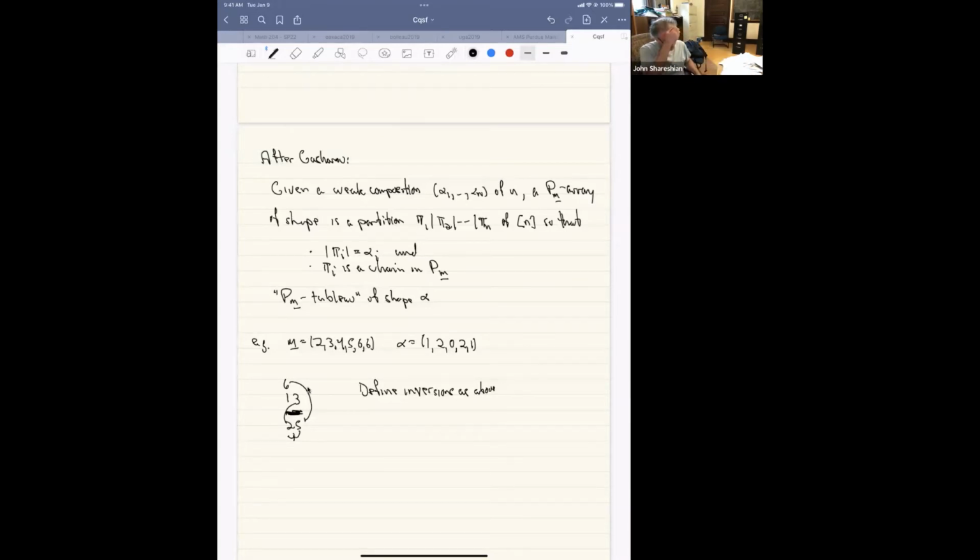So we're going to use these. The idea is, every P tableau is a P array, right? But not vice versa. There are way more of these. Okay. So this is the key definition, and now we can start the proof.